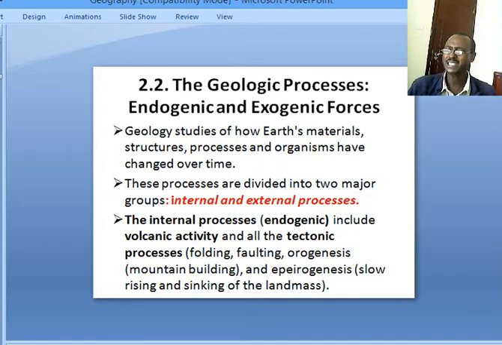By tectonic, I mean folding, faulting, and orogenesis. Orogenesis refers to mountain formation or building, and epeirogenesis means slow rising and sinking of the land masses. All these are studied within the endogenic process.